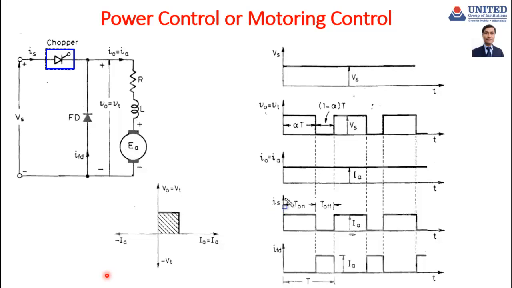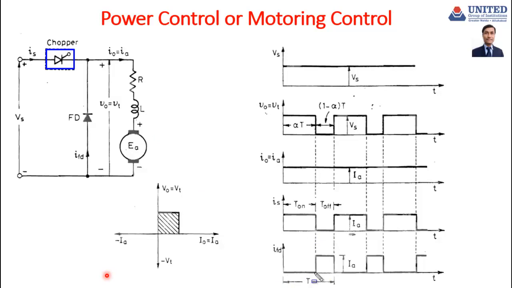This waveform is the source current. During the turn on period, the source current will be positive, and it flows through the motor drive, and during the turn off period it does not flow. All the load current flows through the freewheeling diode, so the source current will be zero during the turn off period.